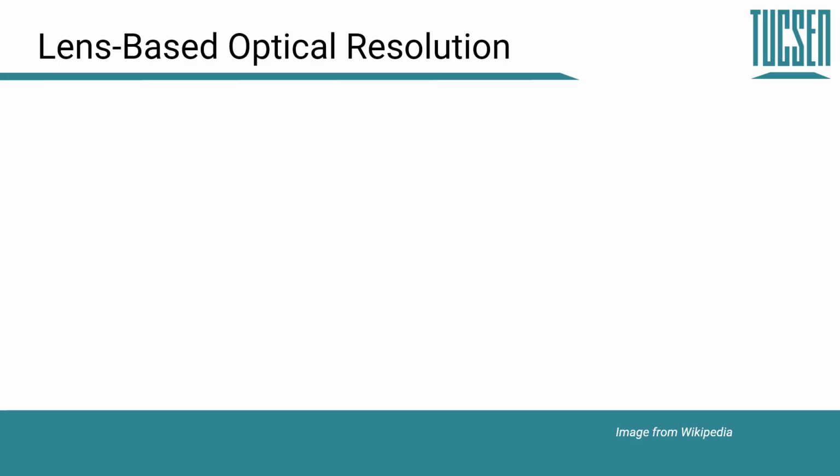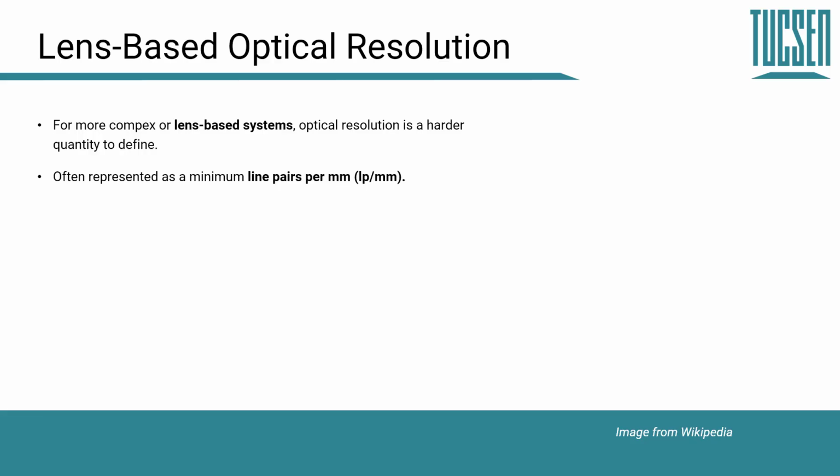If we look at lens-based optical setups, it's a similar kind of story, but the wavelength of light is less likely to play into it, and measuring it can become slightly more complicated. Often we'll represent the resolution of lens-based setups in line pairs per millimeter, i.e. how close can two lines get while we can still resolve that they are two lines and not one wider line.